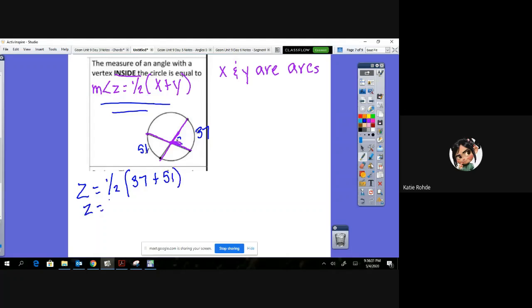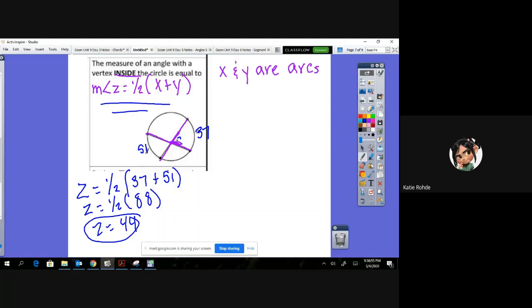So Z equals 1/2 of 88, and half of 88 is 44. So there we go.